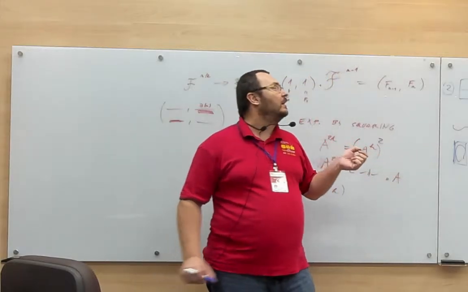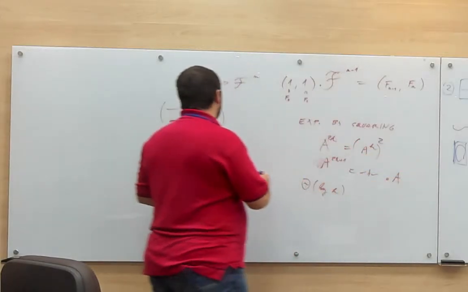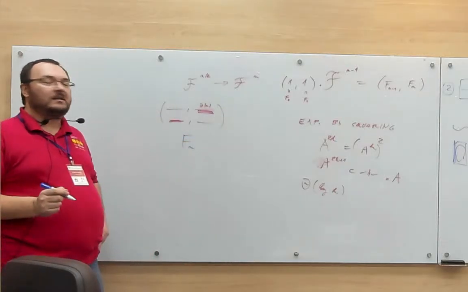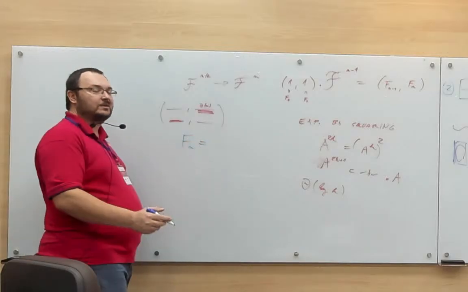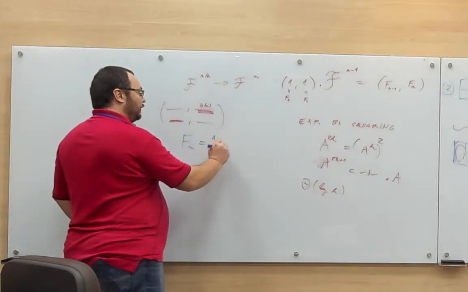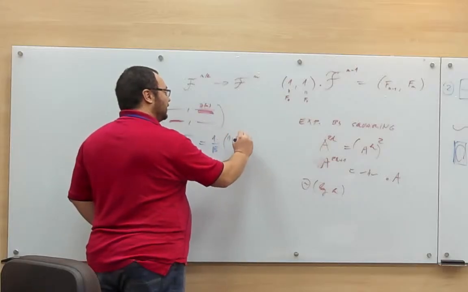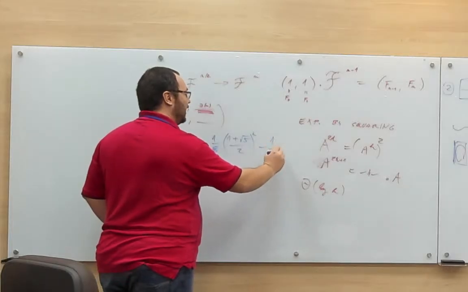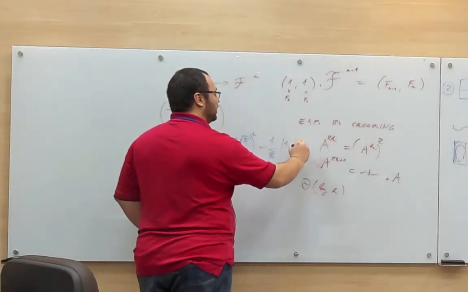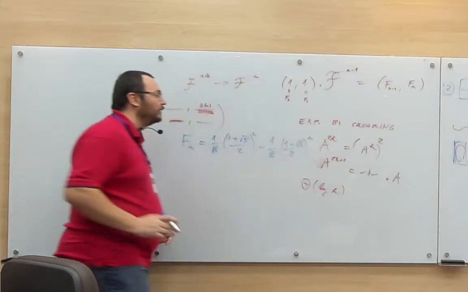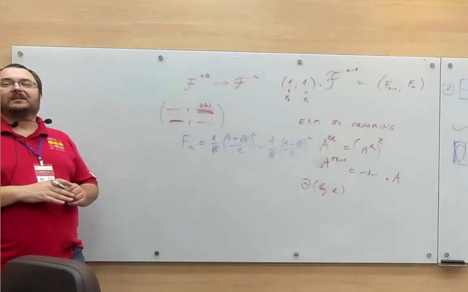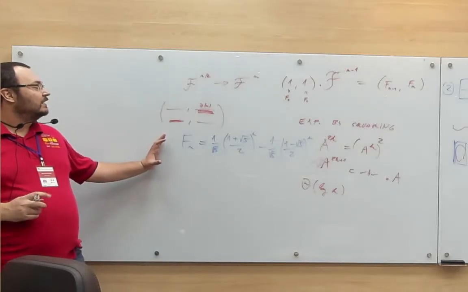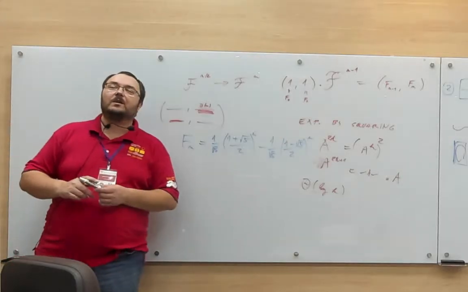And you have probably, many of you will have seen a formula for Fibonacci numbers that looks something like this, that the nth Fibonacci number is actually exactly equal to the following monstrosity: 1 over square root of 5 times 1 plus square root of 5 over 2 to the power of n minus 1 over square root of 5 times 1 minus square root of 5 over 2 to the power of n. I hope I got the signs right, but if not, it is something very, very similar to this. I think I get them correctly.